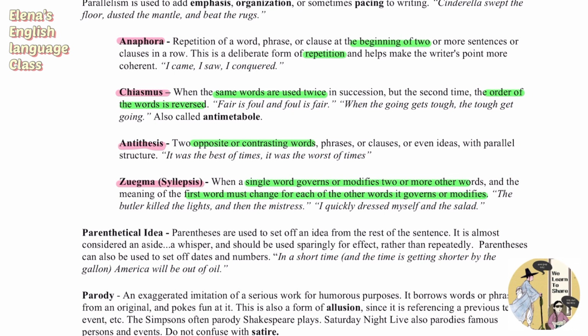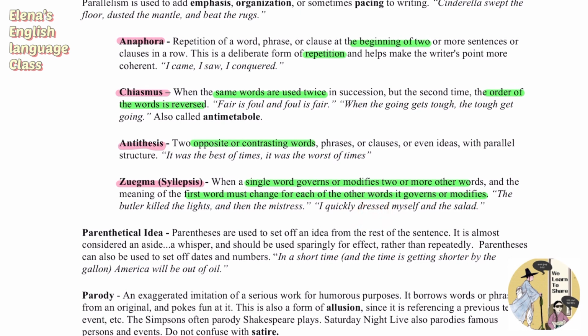Okay, so if you look at the second example, I quickly dressed myself and the salad, the first word used, dress, means that you can understand it literally as you can dress yourself in your clothes. You can wear your clothes, right? But because this dress also governs myself and also salad, which comes after, the literal meaning of dress must change, right?